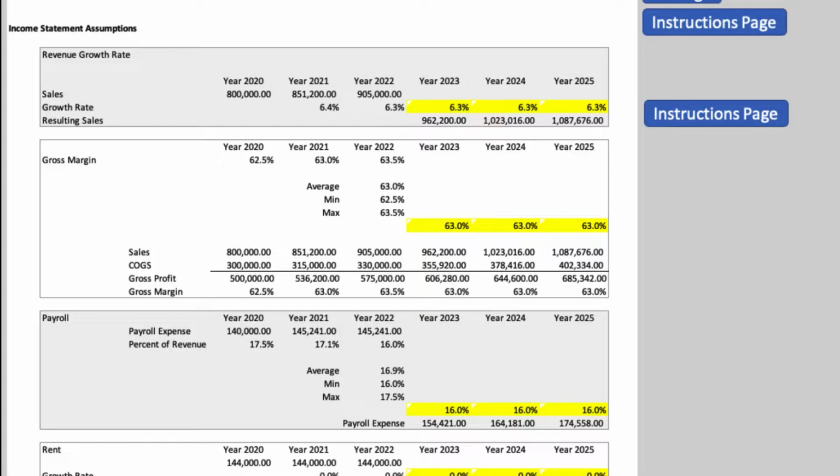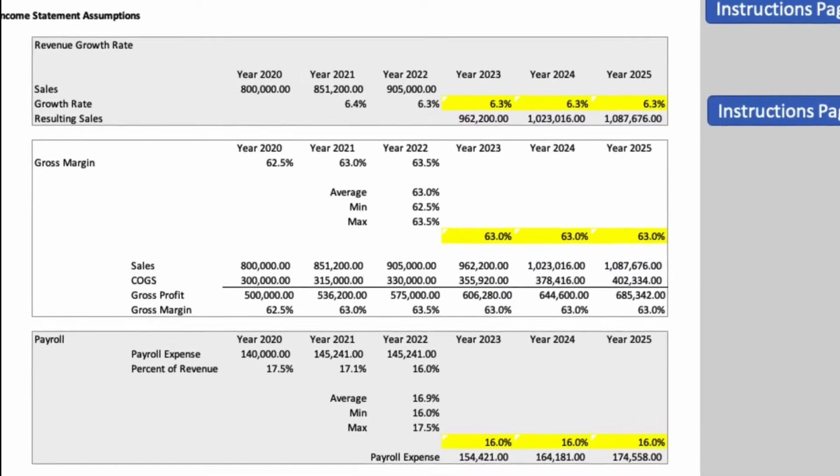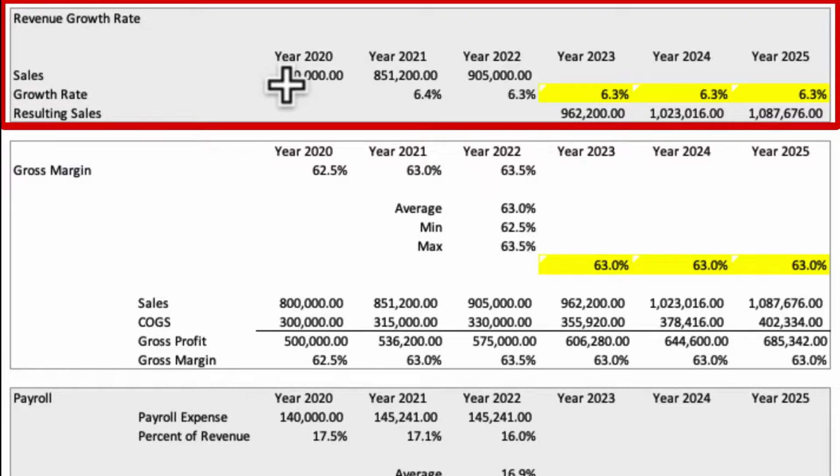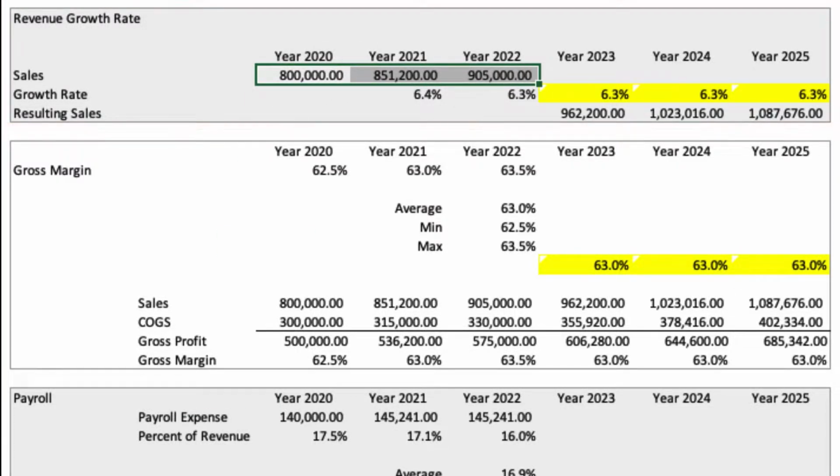So the first thing we want to look at is our revenue growth. These numbers here are populating from the historical information we put in there. And we can see that the growth rate for 2021 was 6.4%, and for the next year it was 6.3%.